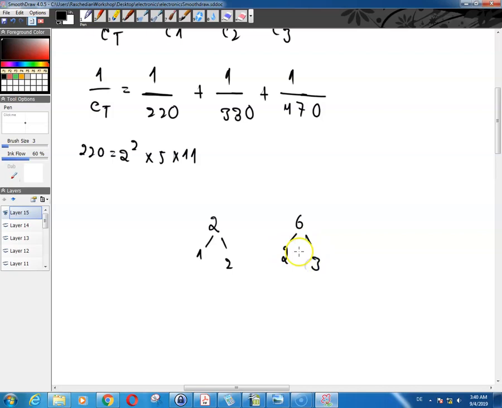But the only way that you can write 2 is 1 times 2, or the only way that you can write 3 is 1 times 3. So 6 is a composite number, and 2 and 3 are prime numbers. So what you need to do over here is just prime factorize your numbers.